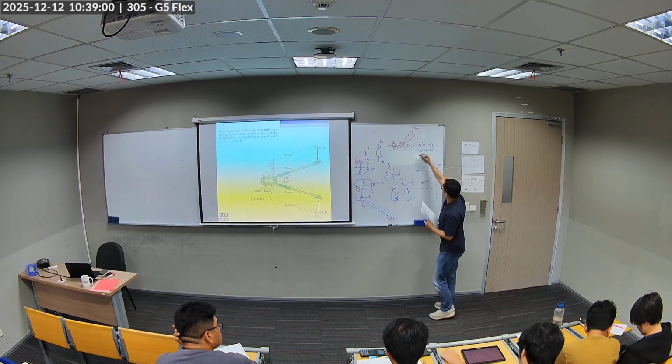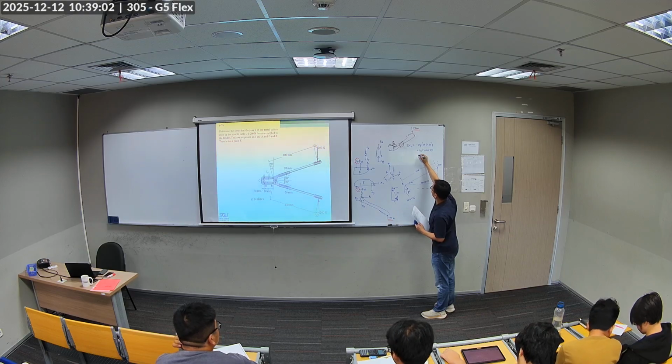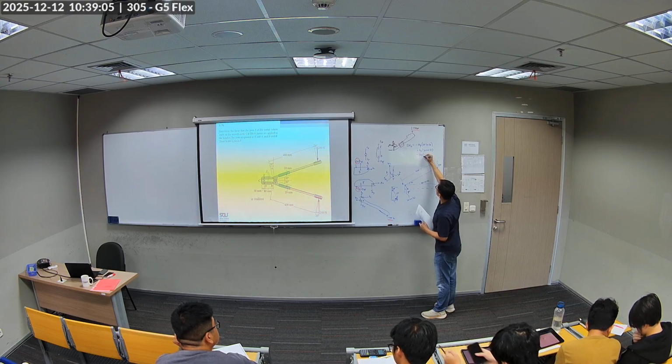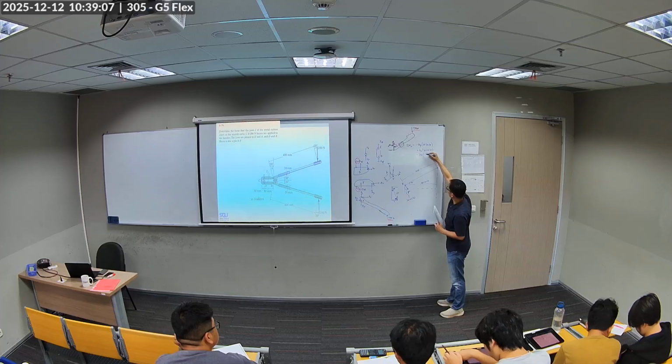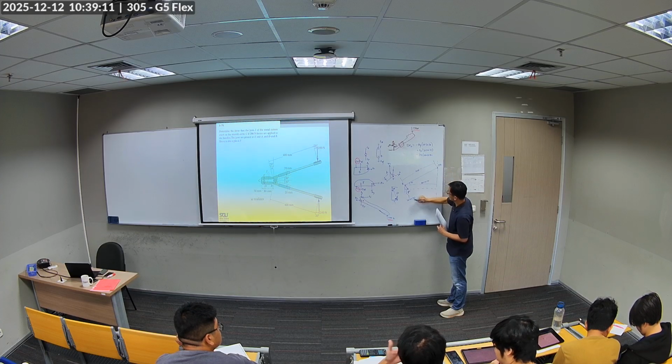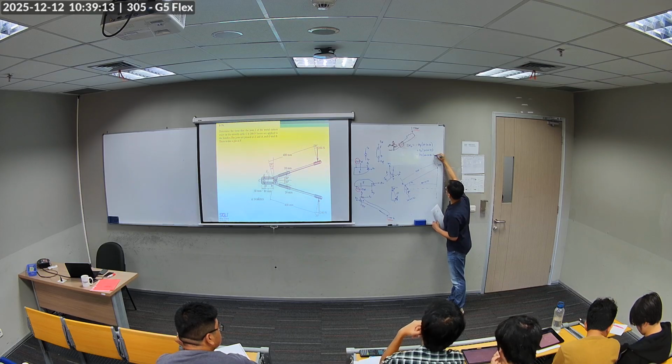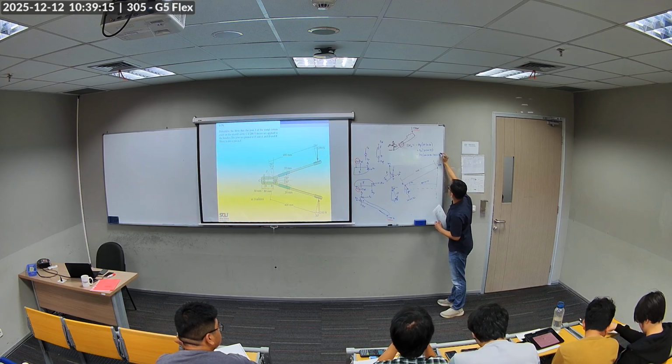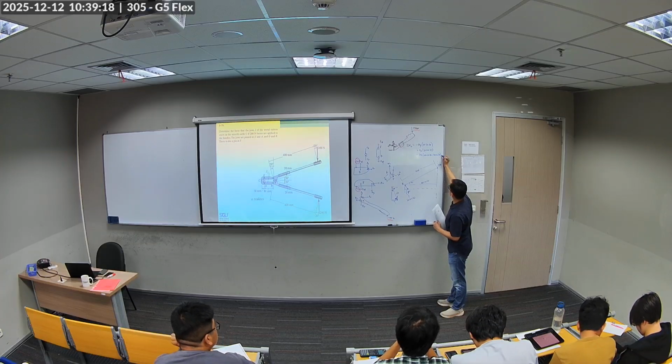So this 200 is clockwise. The moment arm will be 400 cosine 20 minus this 20 cosine of 70, equals 0.